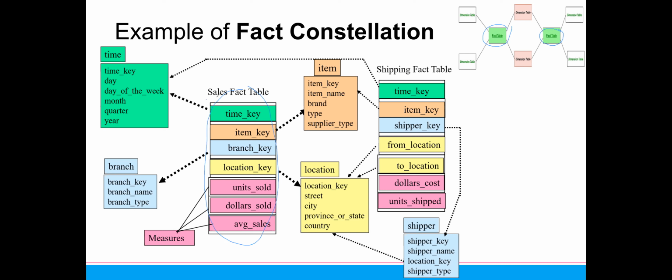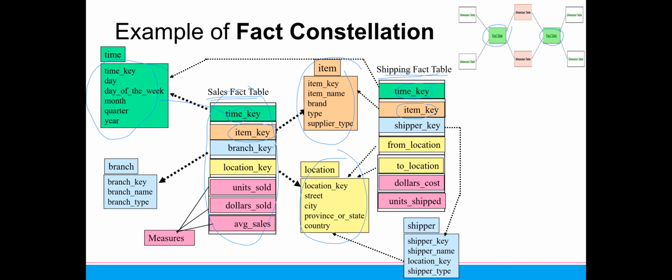So we have the sales fact table, connected with the shipping fact table, and all those dimensional tables are correlated. In the sales fact table, they have time. The shipping also has time. In the sales fact table, we have item, and the shipping also has item.